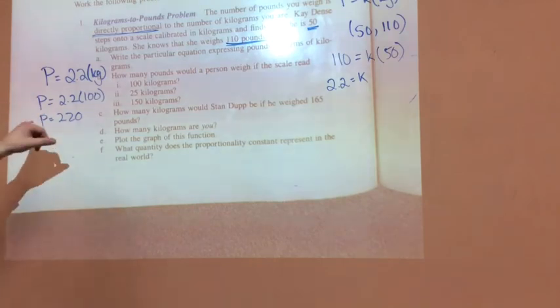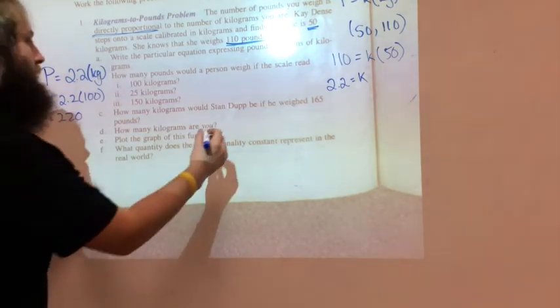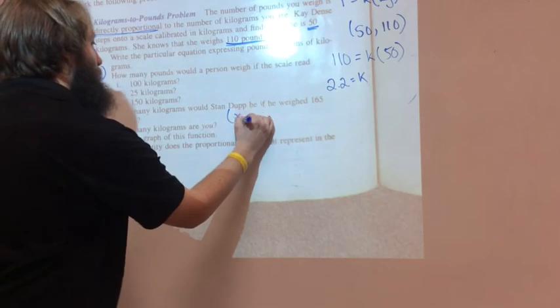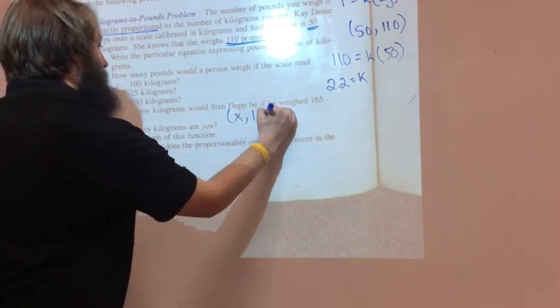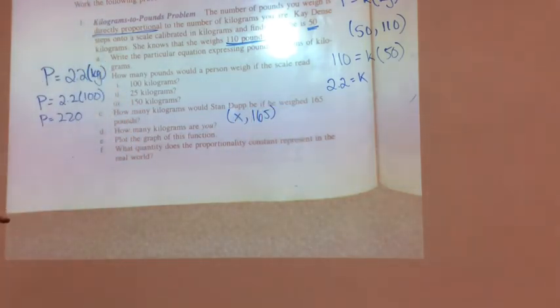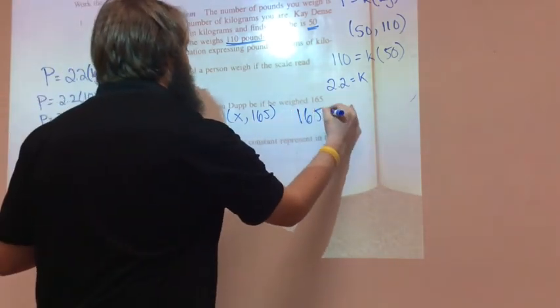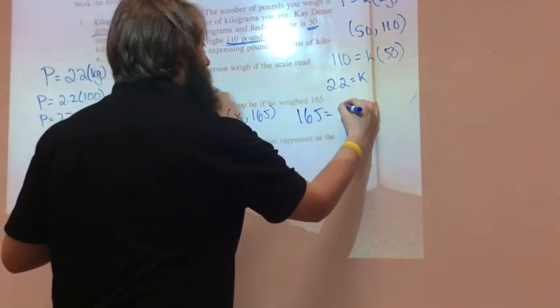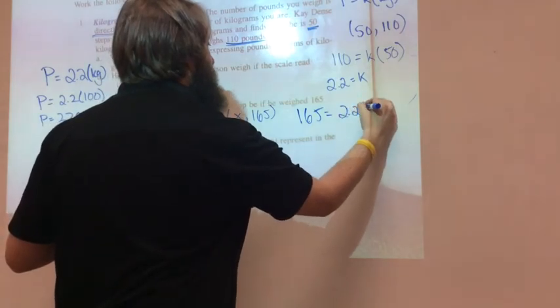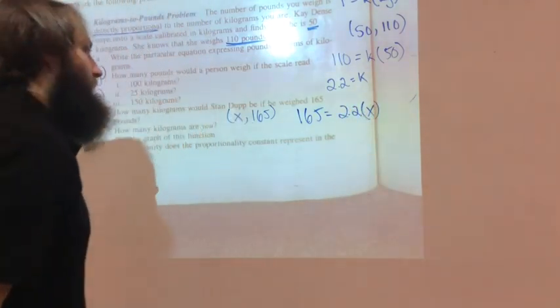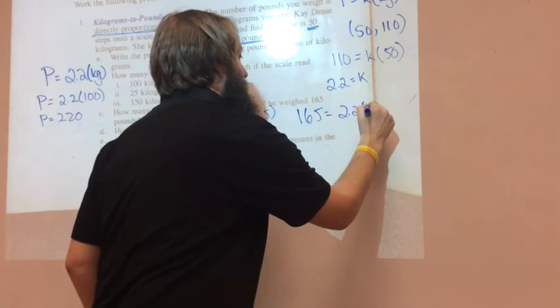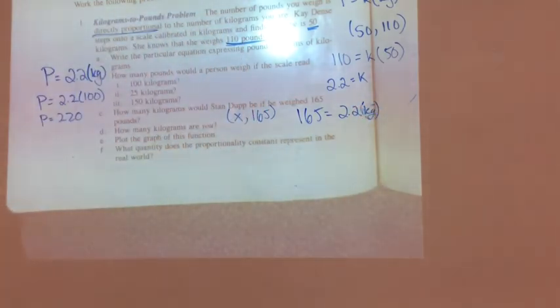We're given the pounds in this case, okay? We want to know what the kilograms for Stan would be. So what we'll do is we'll plug in 165 equals 2.2 times kilograms.